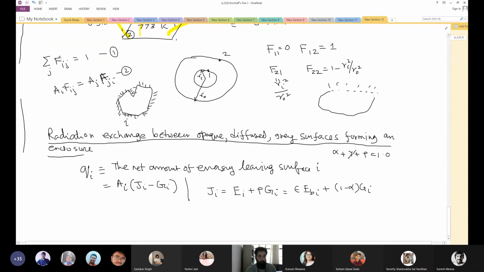We should write i here because every surface may have different properties. Now using Kirchhoff's law, Ji equals epsilon i Ebi plus (1 minus epsilon i) Gi.